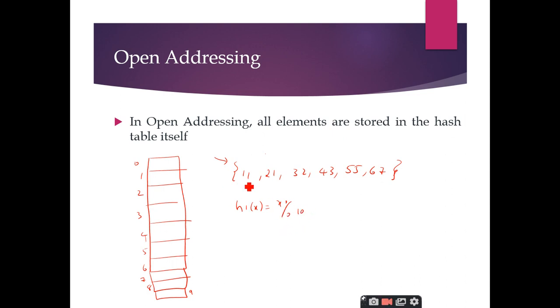Now tell me, what is the key that is generated for 11? 1, sir. So I store it here. Now take the second value, 21. What is the key? 1. So here I have a collision between 11 and 21. According to linear probing, you need to linearly search for a vacant position in the hash table only.